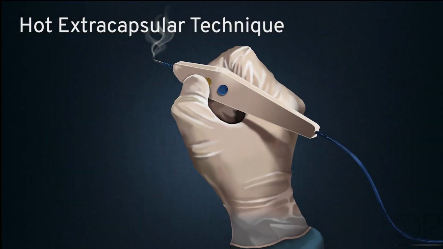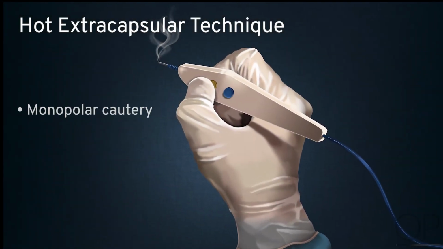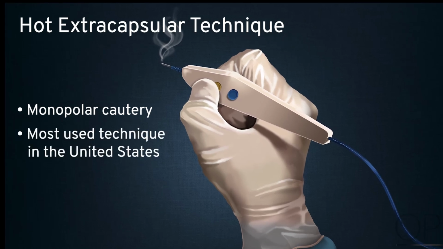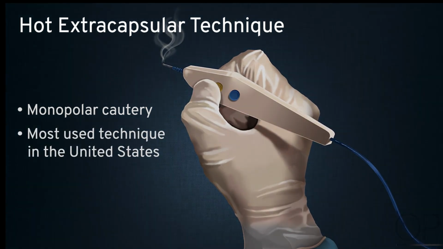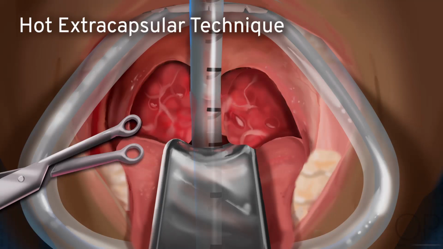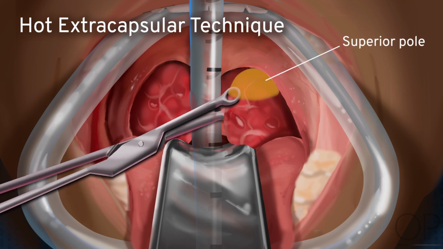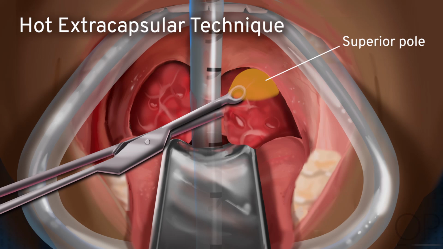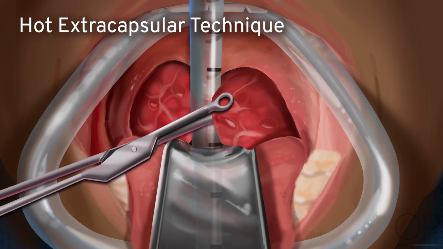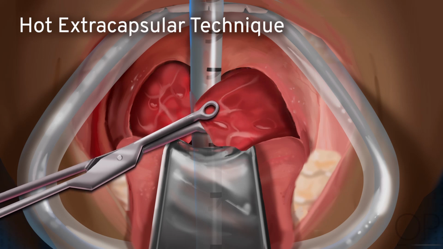The hot extracapsular technique using monopolar cautery is the most used technique in the United States. In this technique, after the posterior and lateral walls of the palate are carefully inspected and palpated to detect abnormally positioned vessels, the superior pole of the tonsil is grasped with the Alice clamp. The tonsil is retracted medially to determine the lateral extent of the tonsil and to aid with dissection.